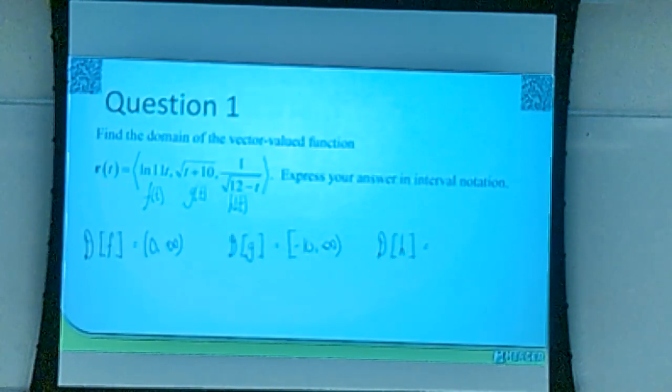At 13, what's 12 minus 13? Negative. Is that allowed? It's negative, so it goes from negative infinity up to 12, not including 12.